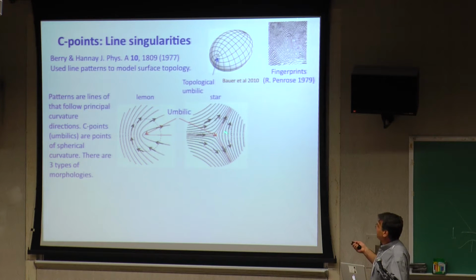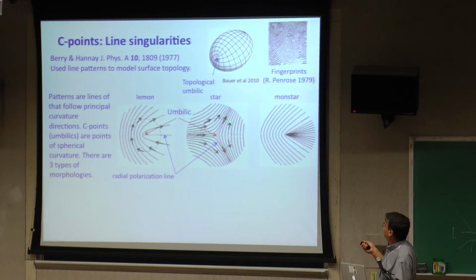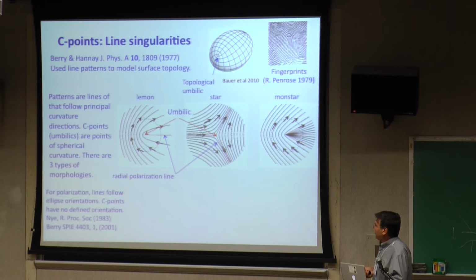And you can also have when the vector turns in the opposite direction. And then there's these lines that have special significance that distinguish lemon and star. And then there's this hybrid, a type of singularity that has properties of lemon and star.